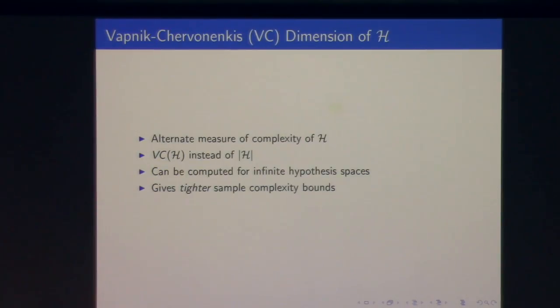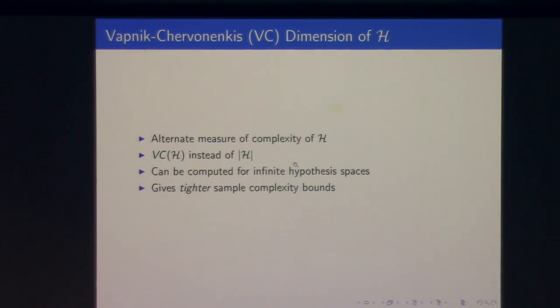So I'm going to introduce this notion of what we call Vapnik-Chervonenkis dimension, or VC dimension. From now on, we can call it VC dimension. Incidentally, those are also my initials, but these were two very famous Russian mathematicians and computer scientists. Of course, Vapnik now lives in New Jersey, but they came up with this way of defining the size of a hypothesis space when the actual size is infinity.